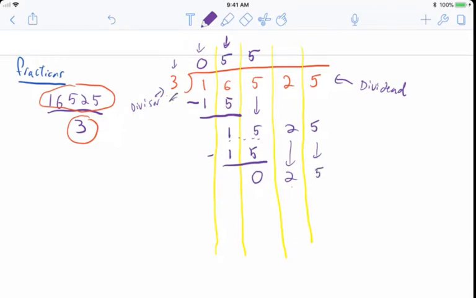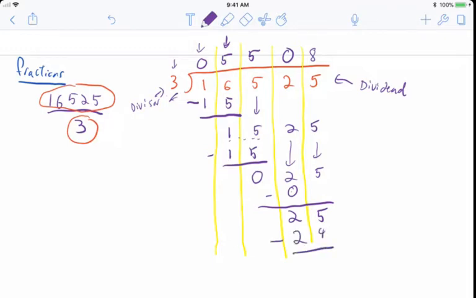There's no number, so I'll write a 0. And so 0 here. 2 minus 0 is 2. 5. And then what's the largest number I can multiply? Let's see. 24 is smaller than 25. So I'll write an 8. 8 times 3 is 24.